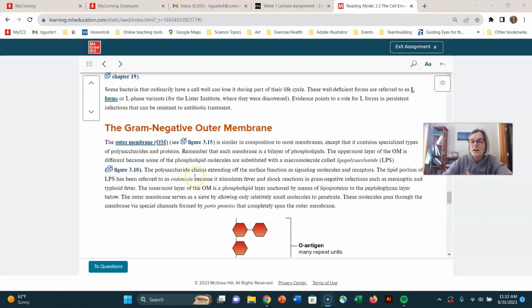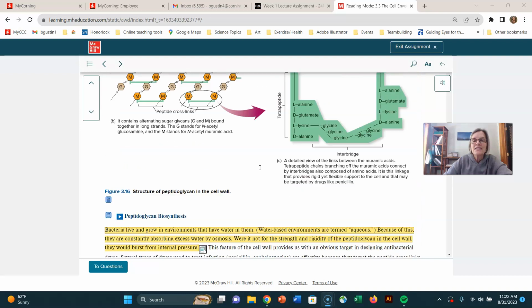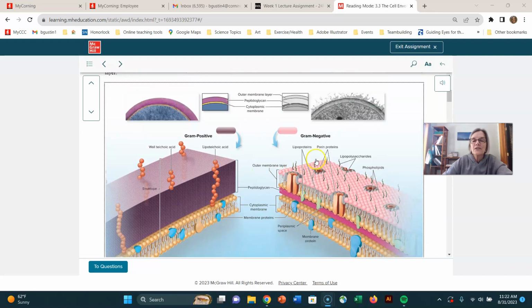But later on, when we talk about how bacteria cause diseases, endotoxins are important. So tuck that into the back of your mind to remind yourself that when you're infected with a gram-negative bacteria, this LPS is going to have a big role in making you sick. So we'll talk about that later on.